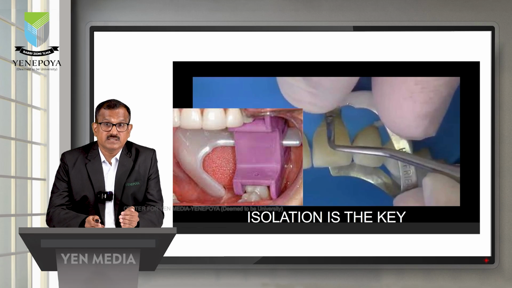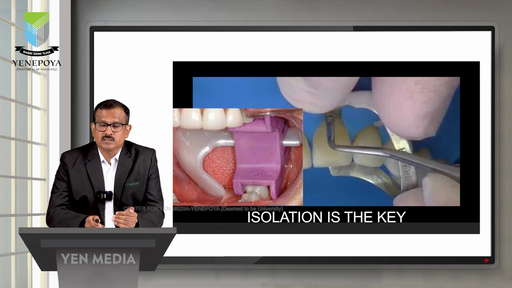Otherwise, in clinical scenarios wherein you cannot isolate properly, all that we can try is mouth props and other devices, suction devices, which can keep your tongue and cheeks retracted.